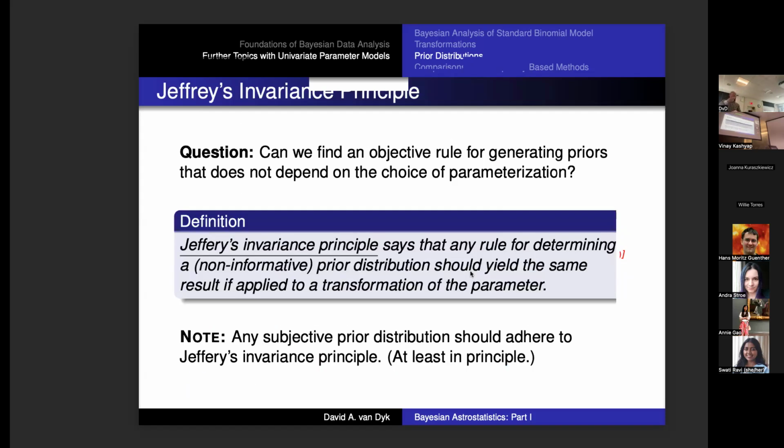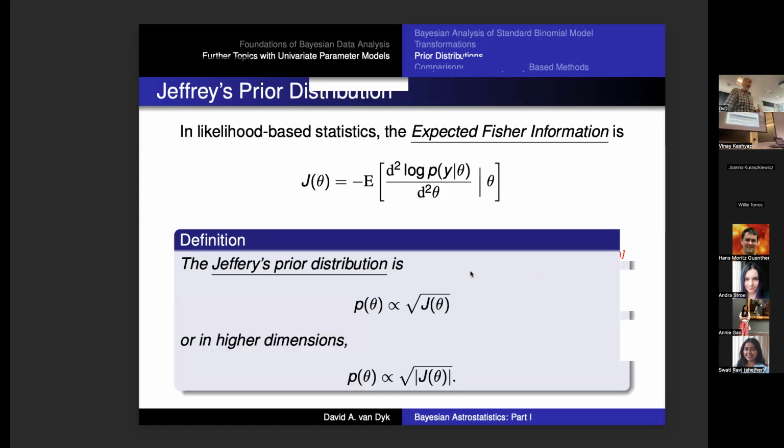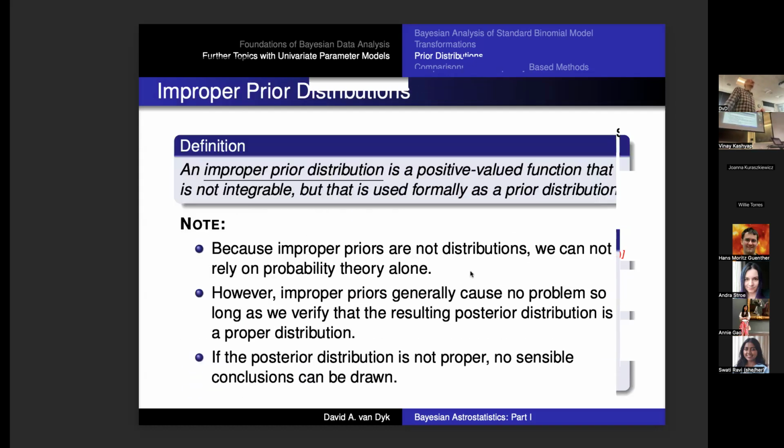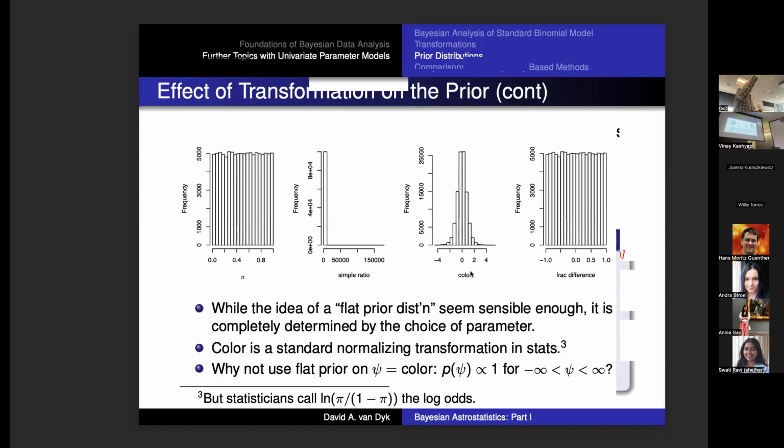I'll talk about Jeffreys' invariance principle. It's a little bit of a funny principle. It comes up a lot. Jeffreys, a famous statistician, really didn't like this. My criterion was a uniform prior; that's what I meant by being non-informative.